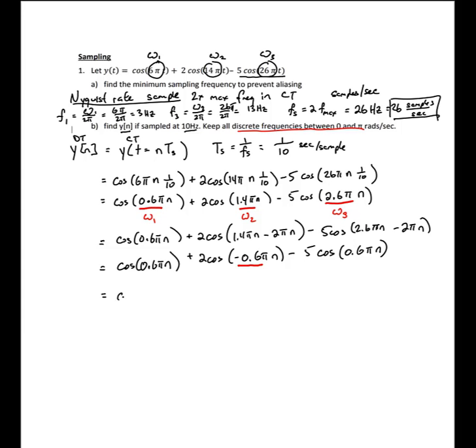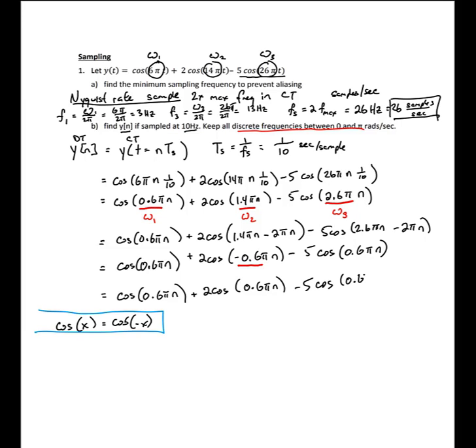But cosine is an even function. And because cosine is an even function, we know that cosine of x is equal to cosine of minus x. And so therefore, we can say this is equal to cosine of positive 0.6 pi n minus 5 cosine of 0.6 pi n.